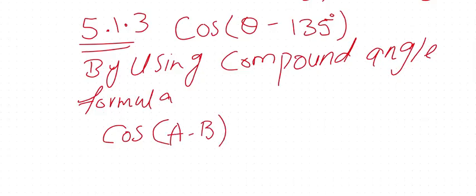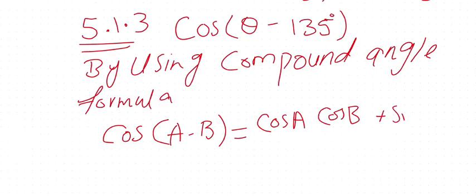Cos A cos B plus sine A sine B. When you have a minus, you have a plus here; whenever you have a plus, you put the minus here. So I'm putting the values in this equation.